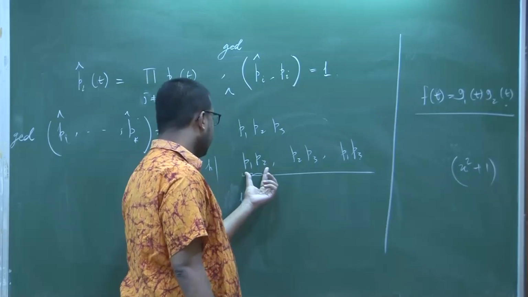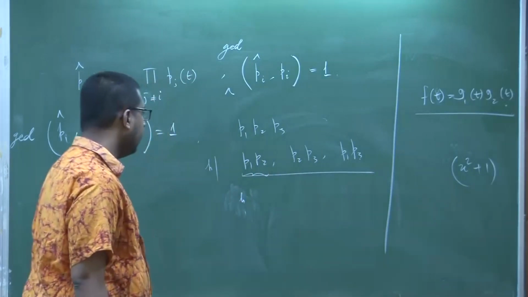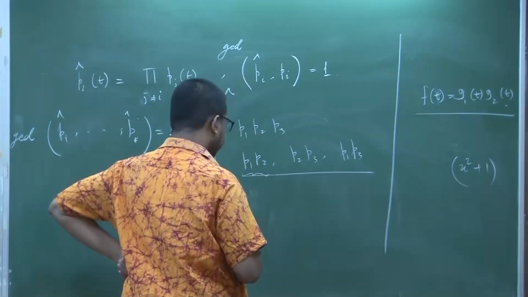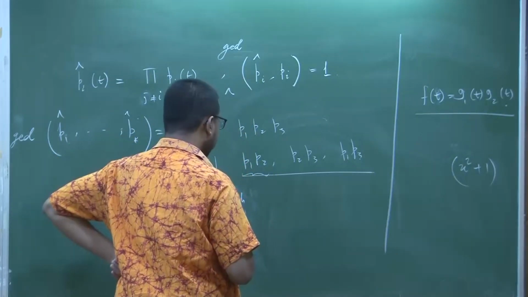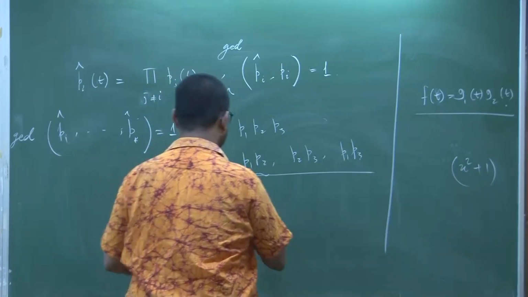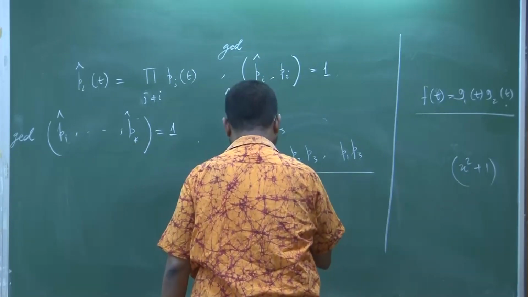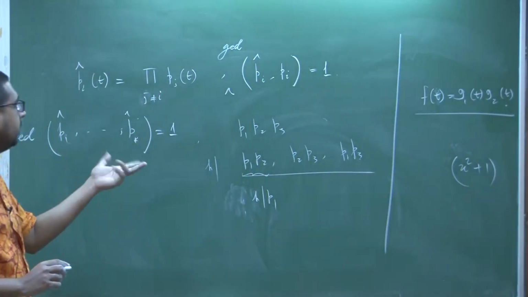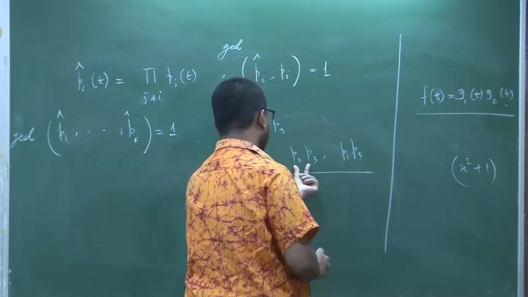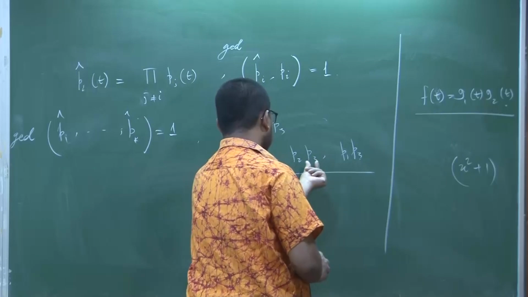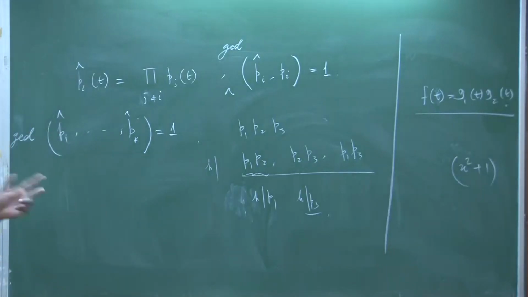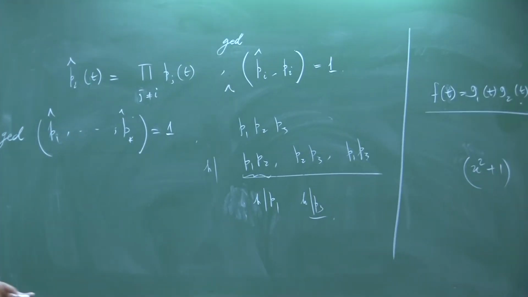Remember that for P1 P2 and P1 P3, the only thing that is common is P1. So, suppose H divides P1, then H cannot divide P2 because P1, P2 are mutually coprime. If H cannot divide P2, then H has to divide P3, which is a contradiction, because any Pi, Pj are coprime to each other.